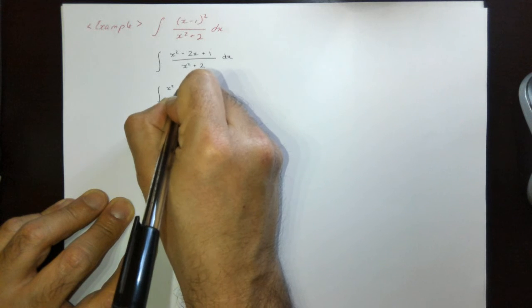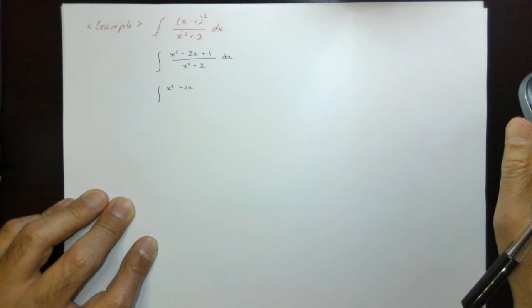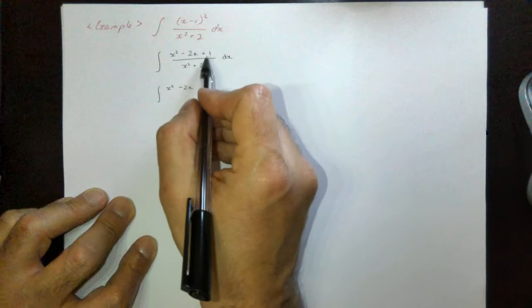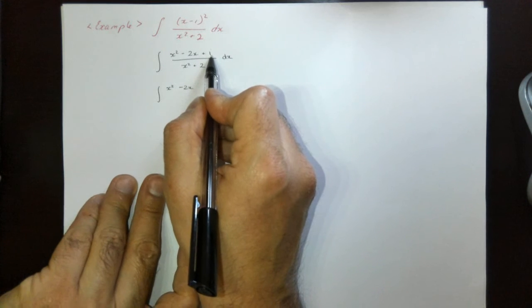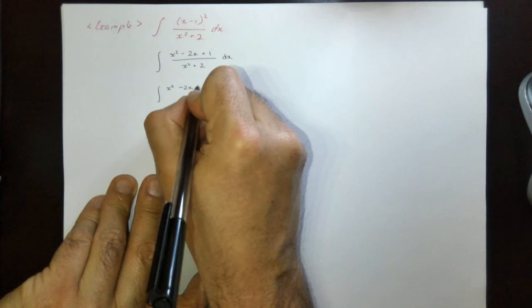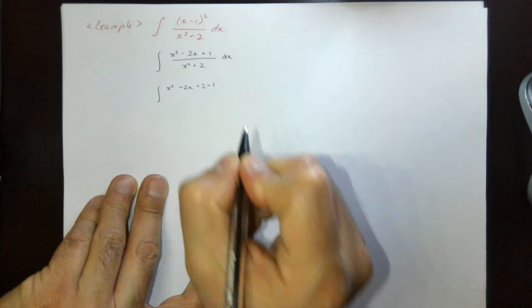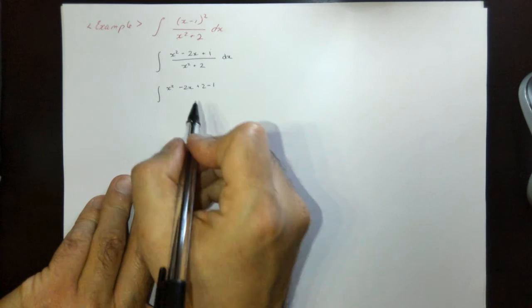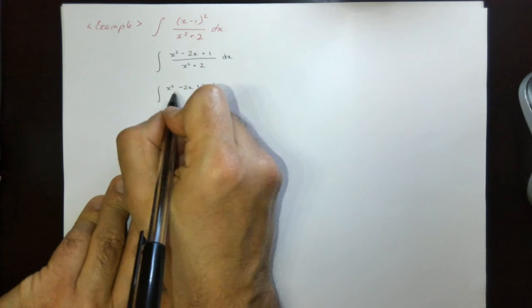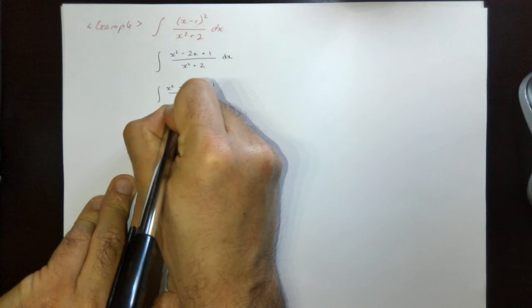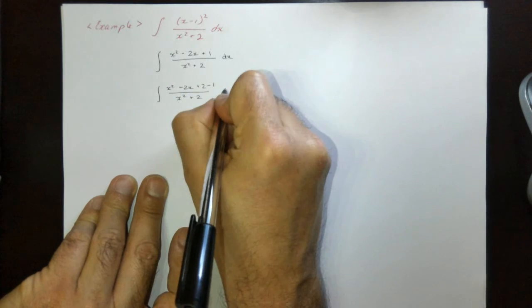If I did x squared minus 2x, instead of writing that plus 1, I'm going to write plus 2 minus 1. Because plus 2 minus 1 still gives me positive 1 over x squared plus 2.